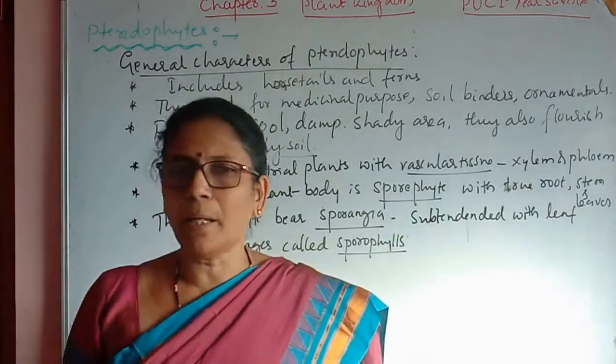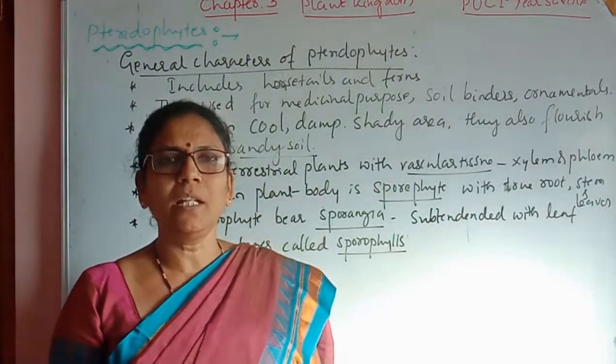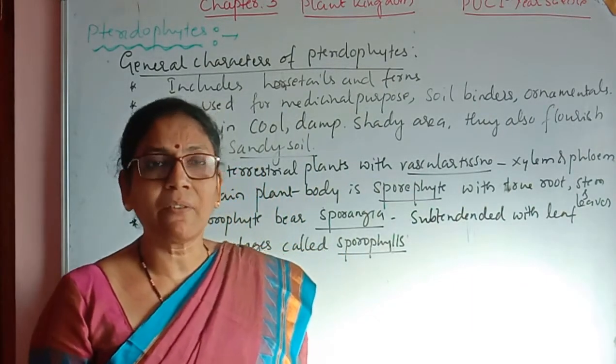These sporophylls may in some plants be arranged compactly and form the strobili or cones, as in Selaginella and Equisetum.